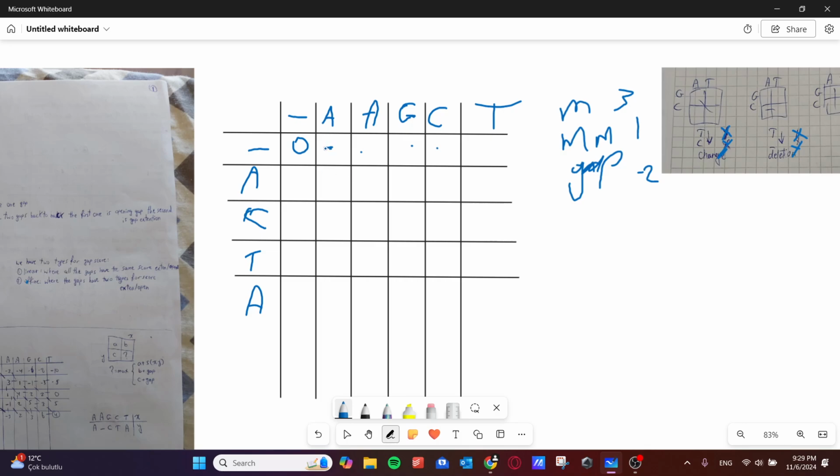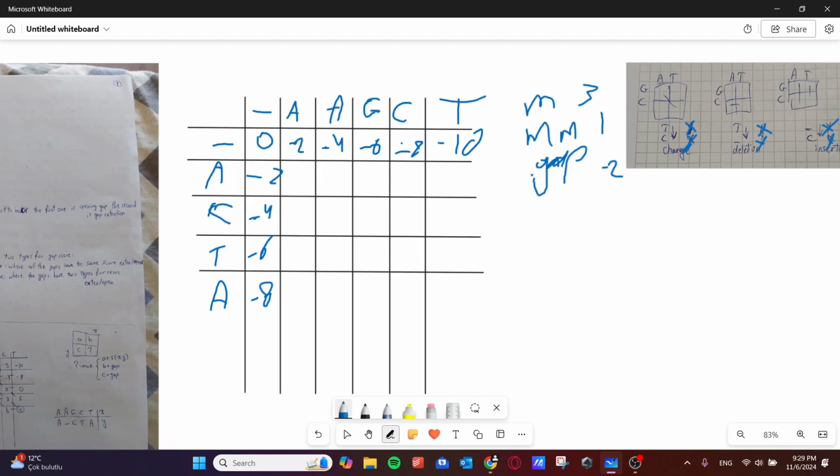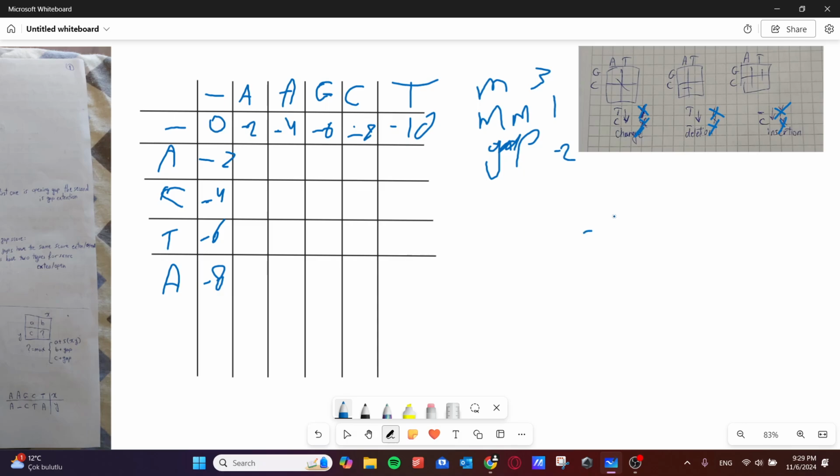So we start with minus 2, then we add another minus 2, which is minus 4, minus 6, minus 8, minus 10. Here the same, the gap score minus 2, we add another one, minus 4, minus 6, minus 8. So let's say the gap score is minus 3. So we start minus 3, minus 6, minus 9, and so on, okay?